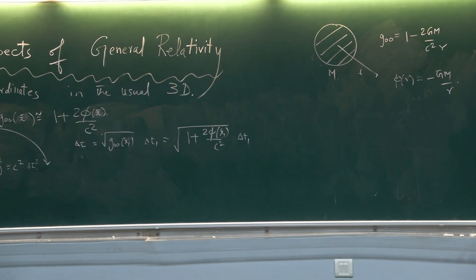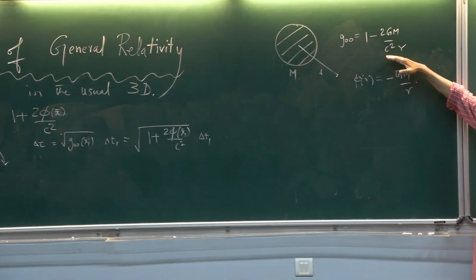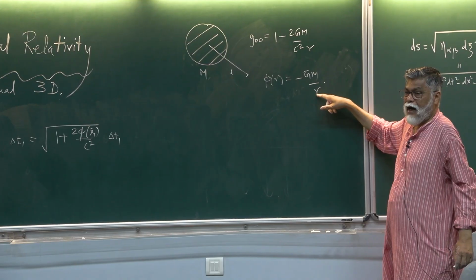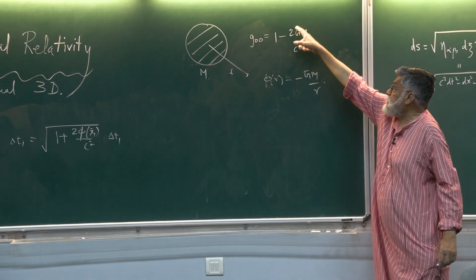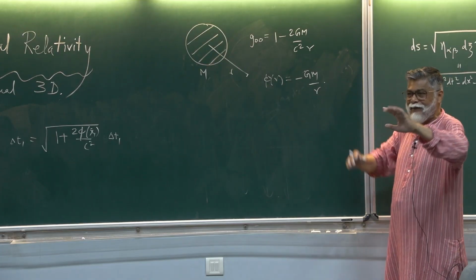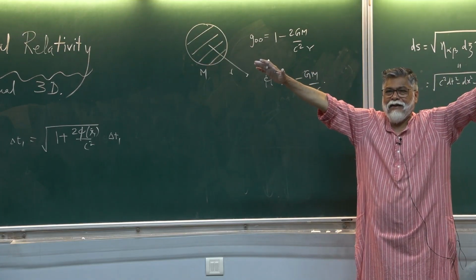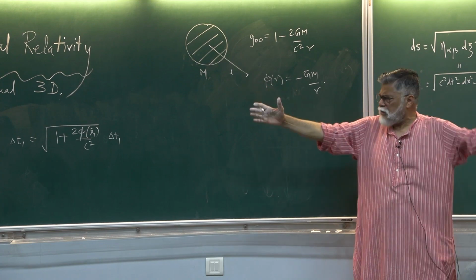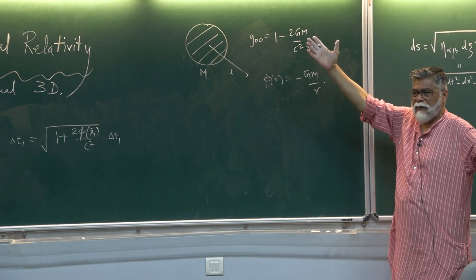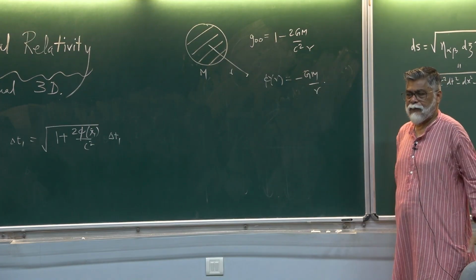And the fact of the matter is, the Newtonian potential or the exact Schwarzschild g00, as r tends to infinity, this term goes to 0. So g00 is 1 at r tending to infinity for a Schwarzschild metric, and so is the Newtonian potential. At r is infinity, Newtonian potential is 0.